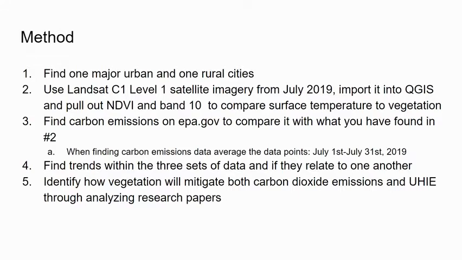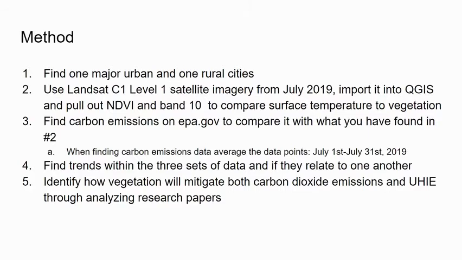Our third step was to find carbon emissions data, which we found on epa.gov, and compare it to what we found in step 2. When finding the carbon emissions data, we averaged the points from July 1st to July 31st, 2019, since the satellite imagery was also an average of the month of July 2019.